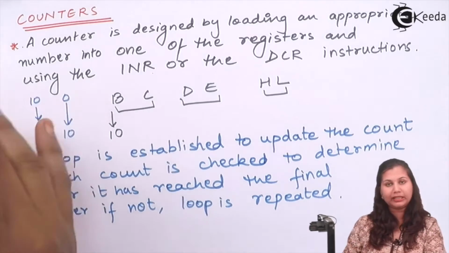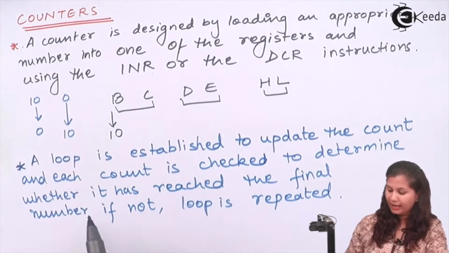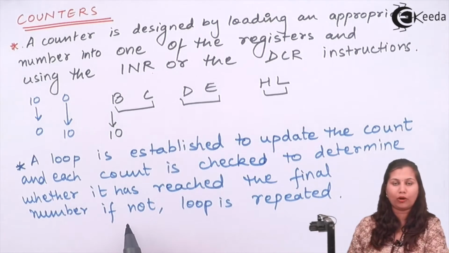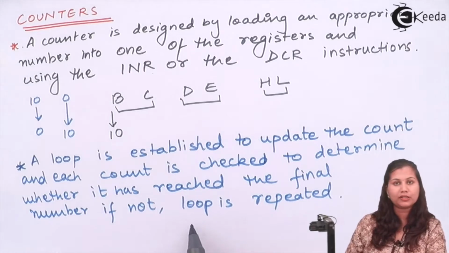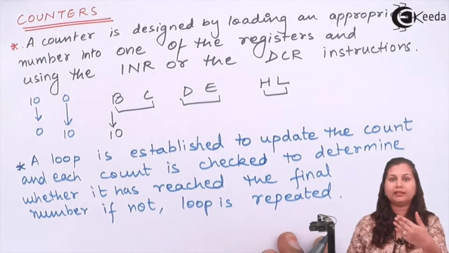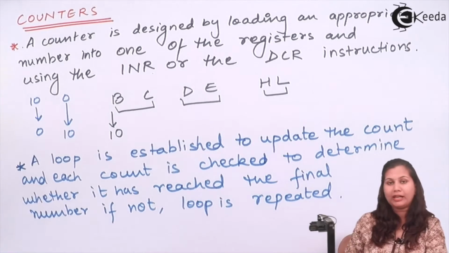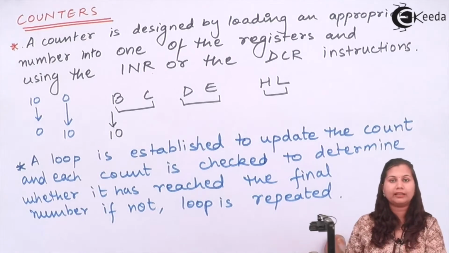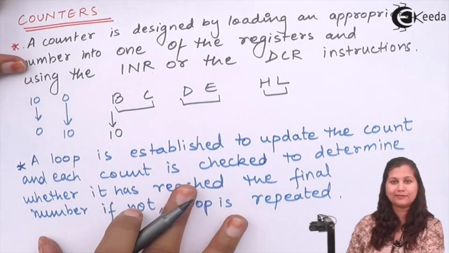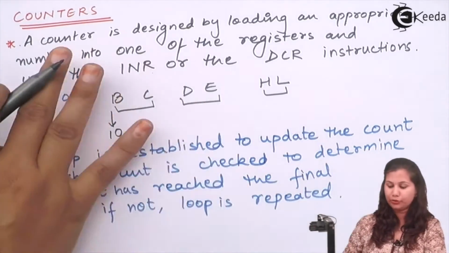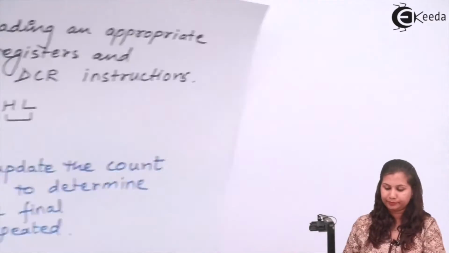So increment and decrement we can check here, and we will see whether the final count has been achieved or not. If it is not achieved, then that loop will be repeated again and again. If the final count has been achieved, then the microprocessor will come out of the loop. So in this way, a loop has been established using the counters.